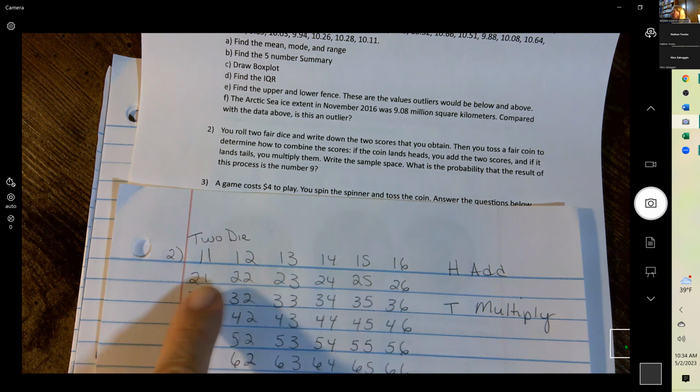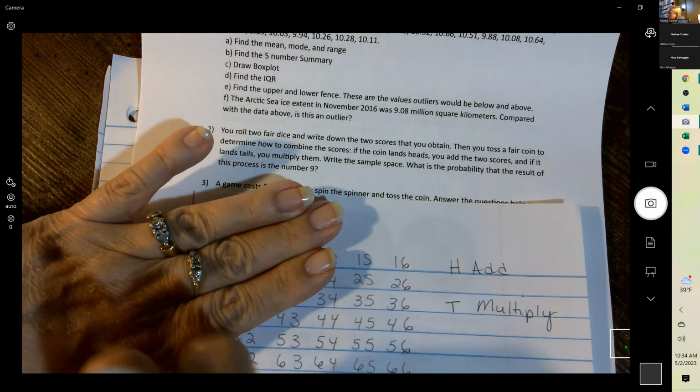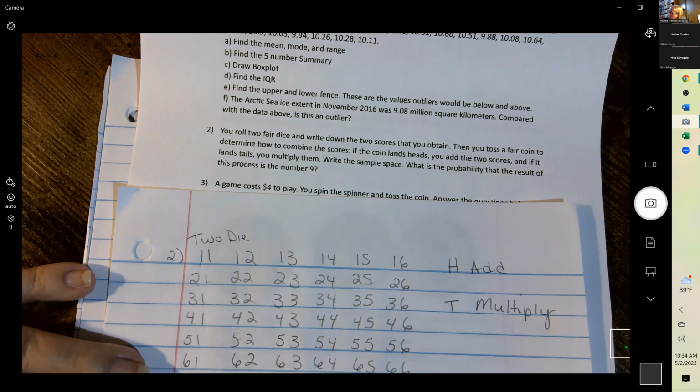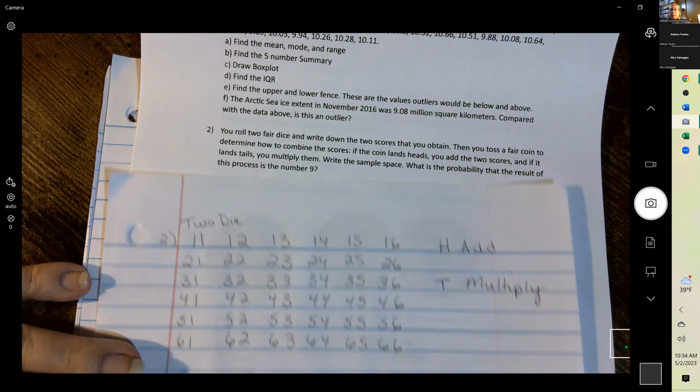If you add all of these, they're going to start repeating. Whoops, so we wouldn't have a 1 though. I was doing the multiply one. We'd have a 2, a 3, a 4, 5, 6, 7, all the way to 12. Some of them would repeat.